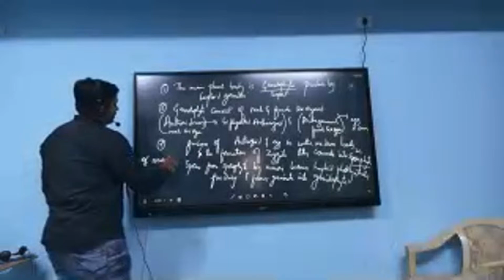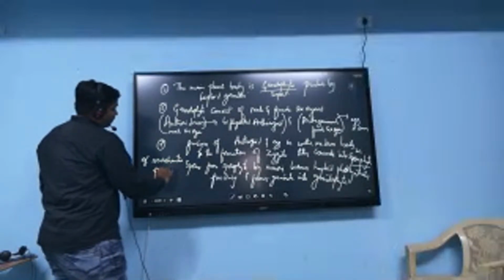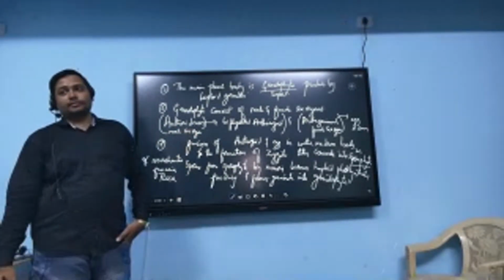Examples for the bryophytes we can take are Marchantia, Funaria, Riccia, etc.